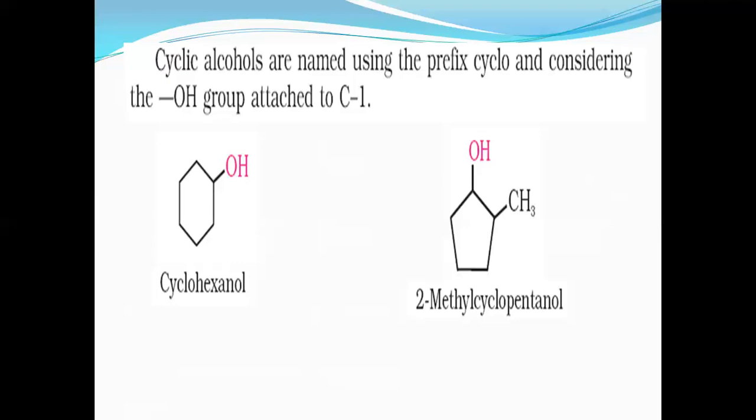If the compound is a cyclic compound, then the word cyclo is added as a prefix. And the carbon atom to which the OH group is attached is considered the first carbon atom. And then the substituents are given the lowest possible number from any direction.